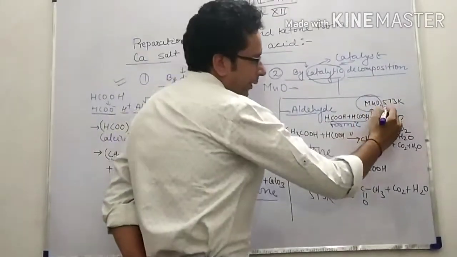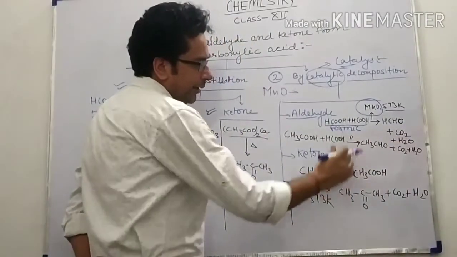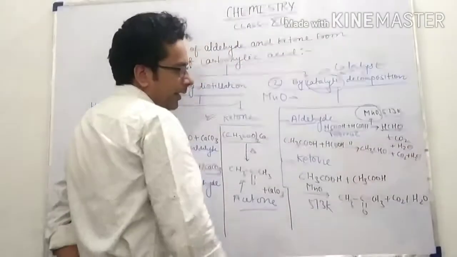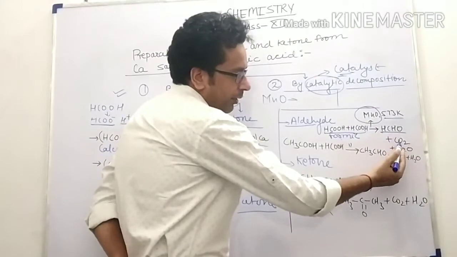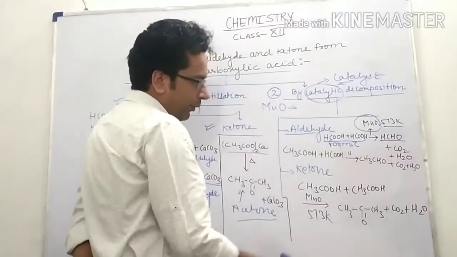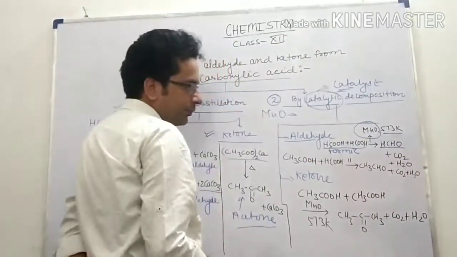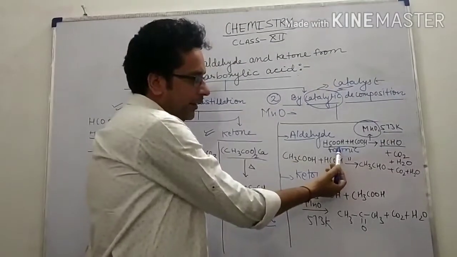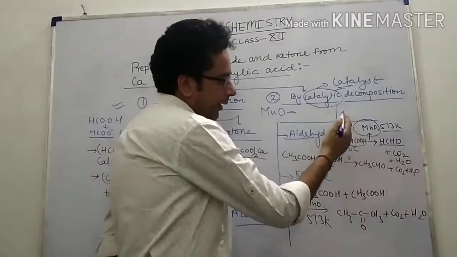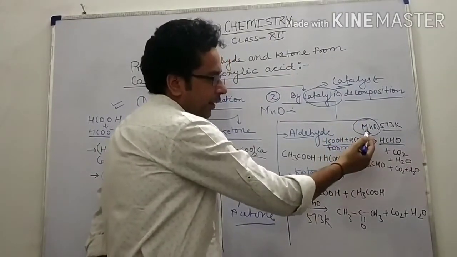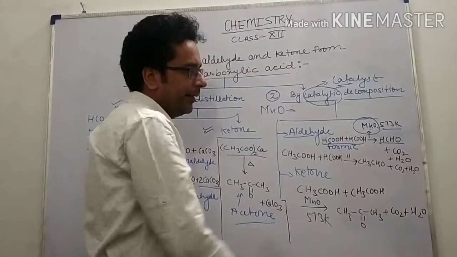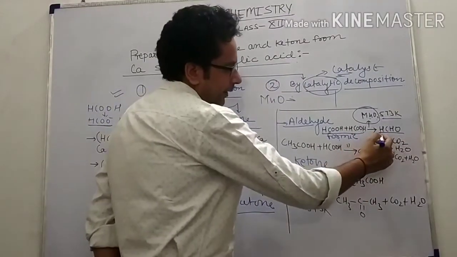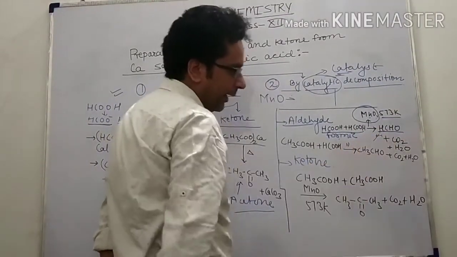At temperature 573 Kelvin, this formic acid changes into HCHO, that is formaldehyde, along with carbon dioxide and water. So two molecules of formic acid react to each other in the presence of catalyst manganese oxide at 573 Kelvin, and there is formation of formaldehyde.